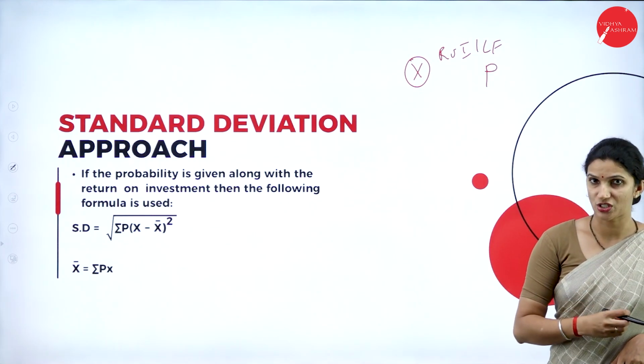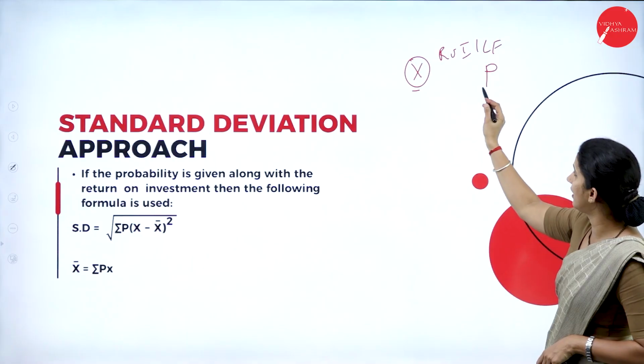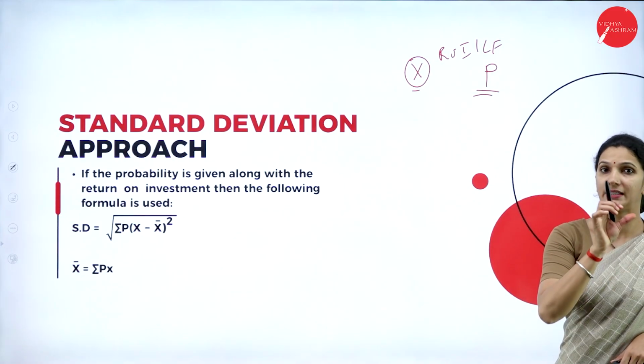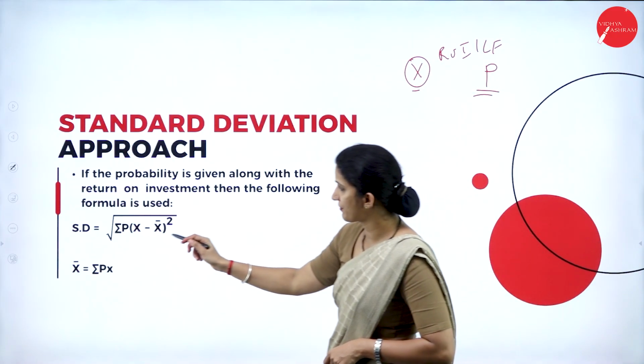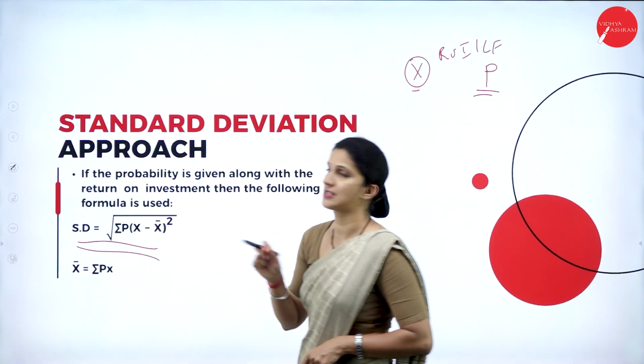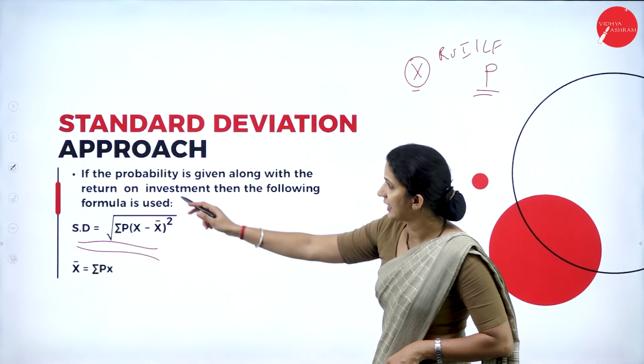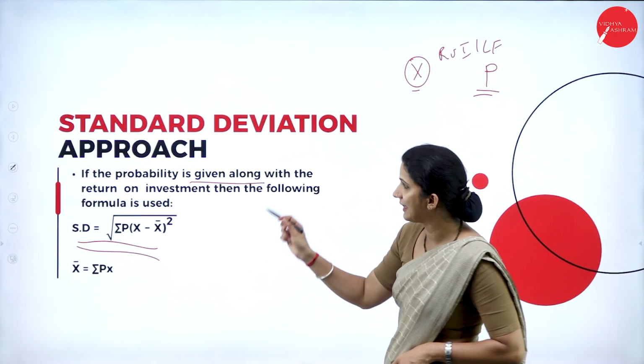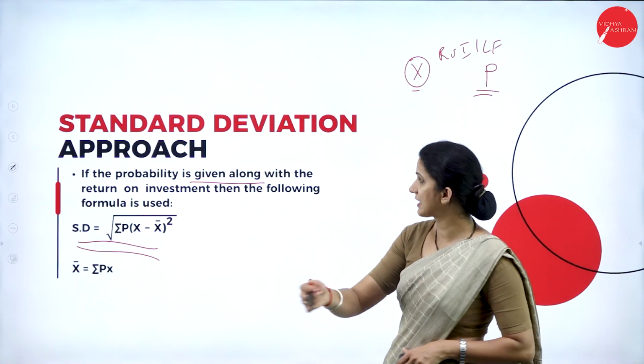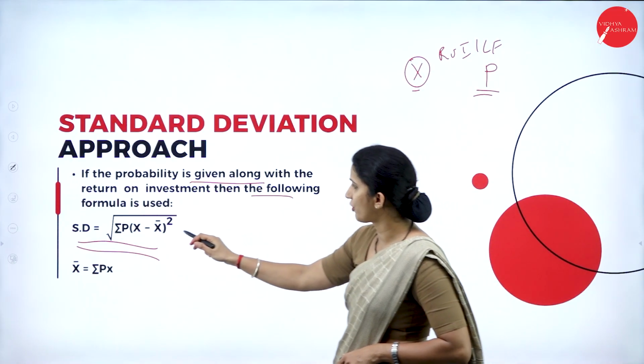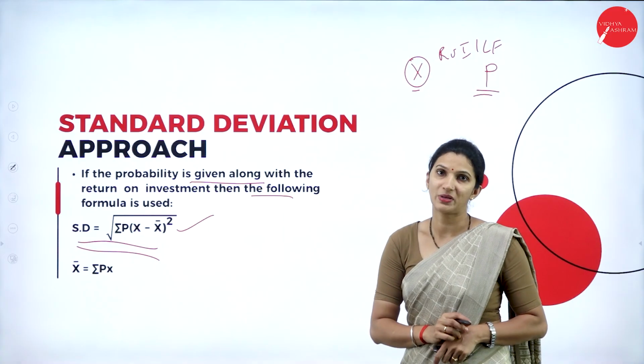So if in the question, along with this data, probability is given, then we have to use this standard deviation formula. That is, if the probability is given along with the return on investment or any cash flows, then the following formula should be used.